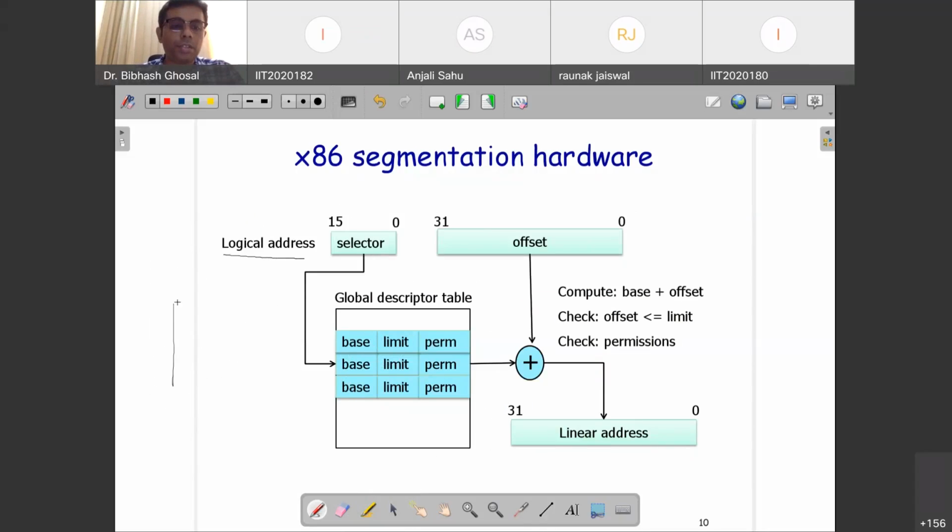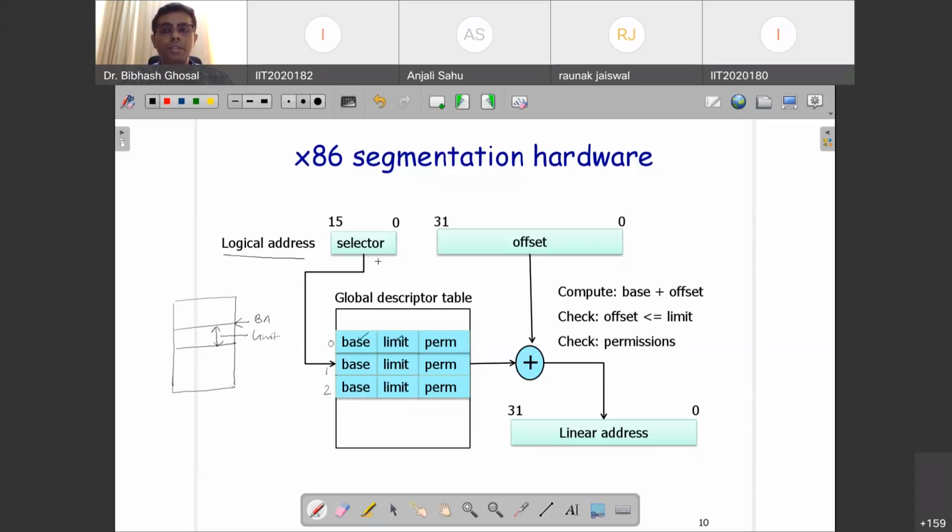So if this is the memory and this is the segment, this is the base address, and the entire range of addresses held in this segment is the limit. So this table contains such base and limit pairs, for segment number 0, segment number 1, segment number 2, and so on. For every segment, we keep a base limit pair.